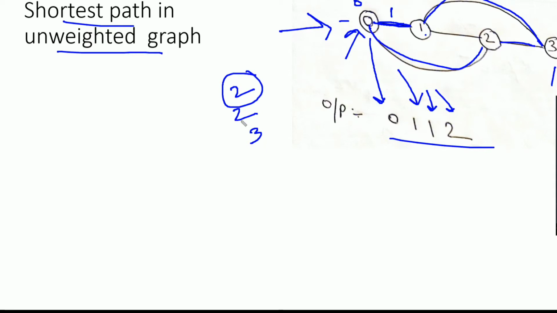If we see the logic, it's quite simple. We need to use the BFS algorithm, and in the code we have to add a distance array. The code is quite similar to that of the BFS algorithm. We need to write a simple BFS algorithm, and in that algorithm we need to add this distance array.